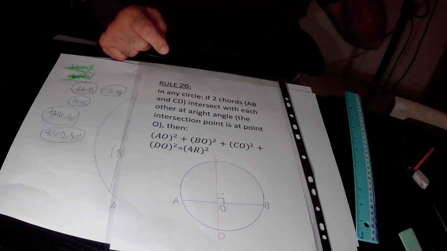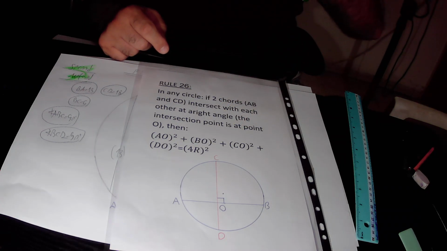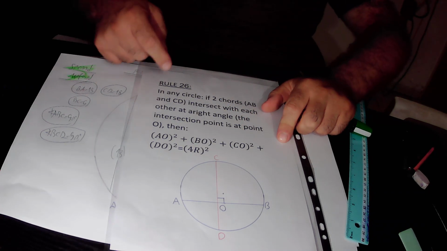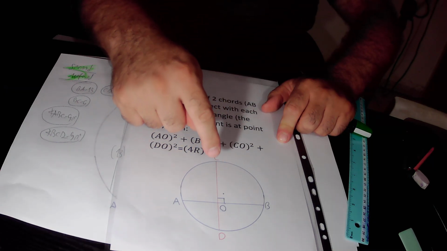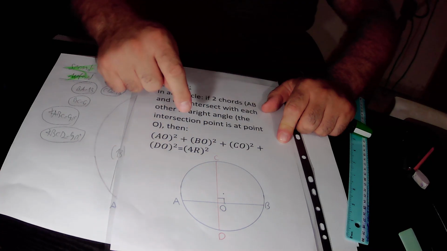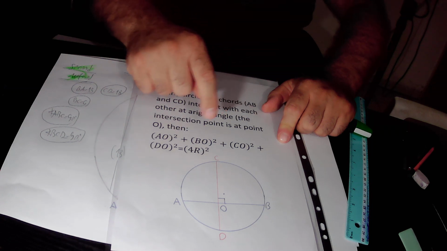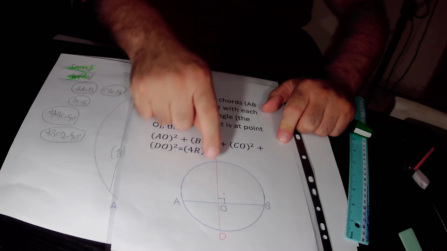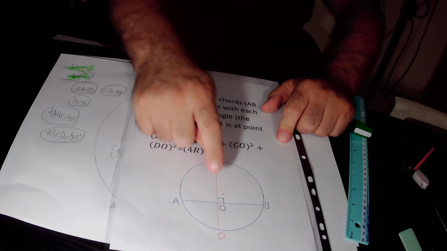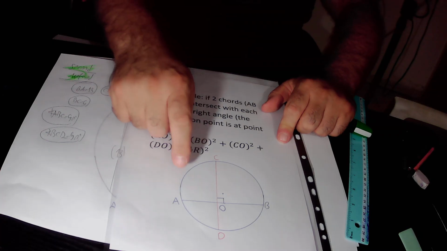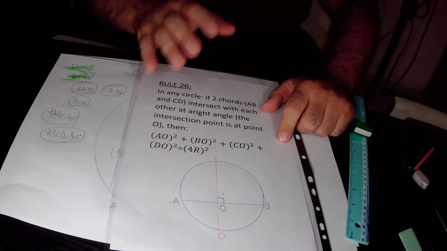So if two chords intersect with each other at a right angle, exactly like in this drawing, then the following equation is true: AO squared plus OB squared plus CO squared plus OD squared equals 4R squared. R is the radius of the circle.